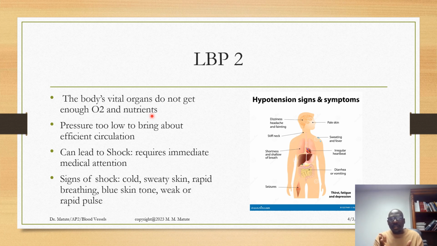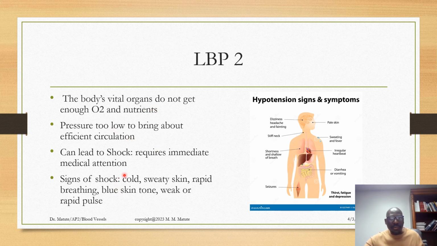Remember we have said for females the normal volume of blood is between 4 to 5 liters. For males it is between 5 to 6 liters. Now, at any point in time, if we do not have enough blood circulating in the body, then that can lead to circulatory shock.